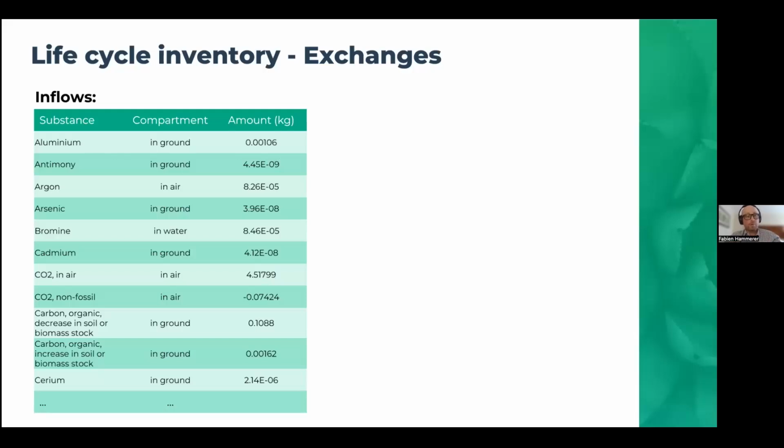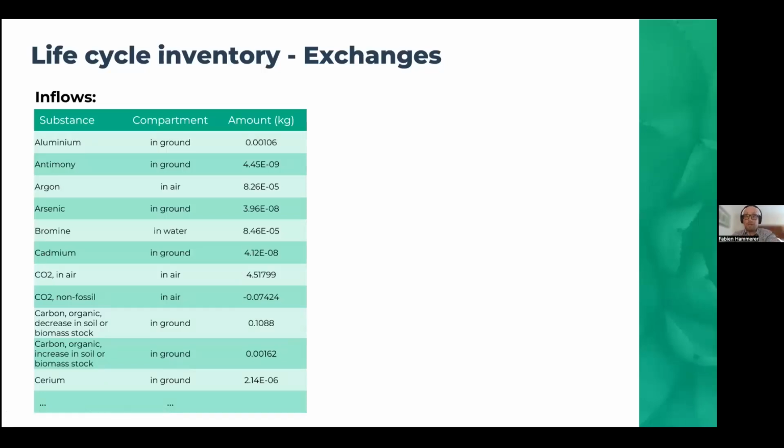And we can do the same for antimony, argon, arsenic, etc. And you'll see here that I put those for CO2 taken from the air, CO2 that is non-fossil, and also organic carbon that is taken from the soil, organic carbon that is actually put back into the soil.